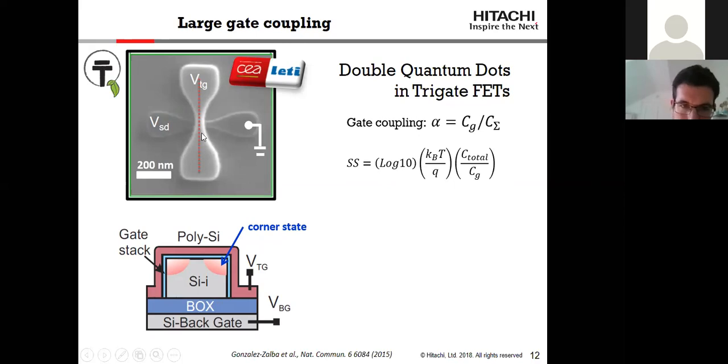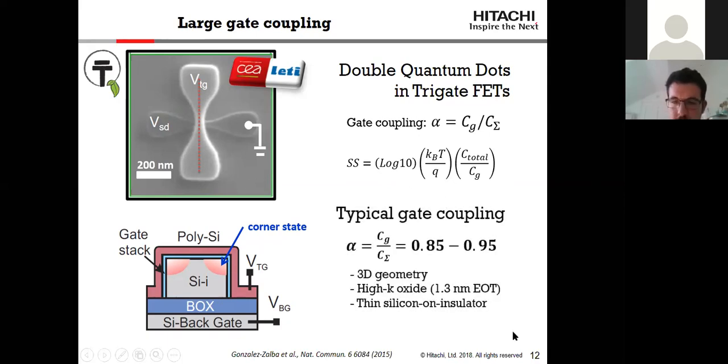So that's why it's very interesting to try to use these CMOS type devices. Typical gate couplings that we observe are of the order of 0.85, 0.95, and this is because of the 3D geometry, the high-K oxide that results in a very small equivalent oxide thickness, and also the thin silicon insulator.